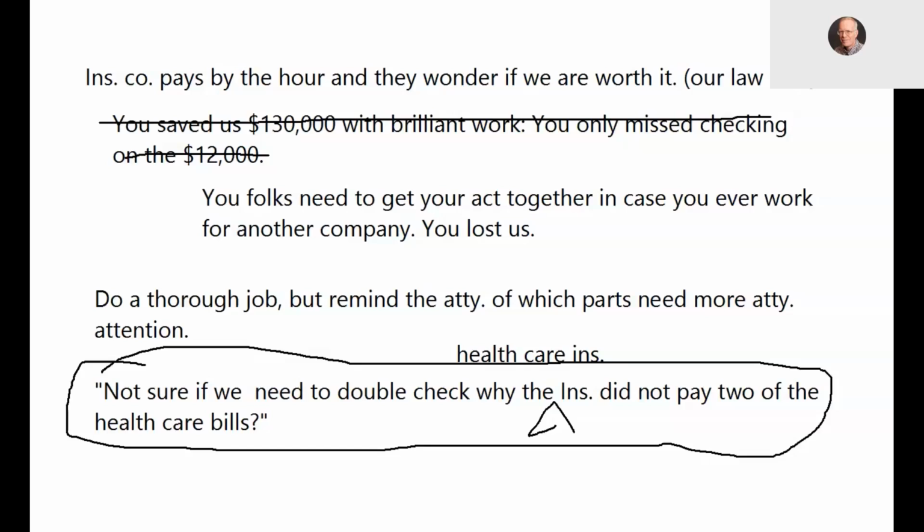Like if you're doing a memo or a request for documents, you can put in red or bold or do a bubble comment. Should we also do some requests for documents to find out the exact nature of some of these bills or why they were necessary?